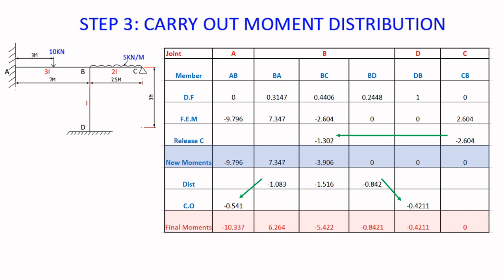Now, before we start distributing, joint C is a pin support, so we need to release it. And how do we do that? We release it by applying an equal and opposite moment. That's why I've shown it with an arrow.